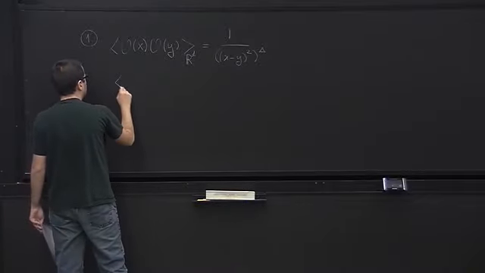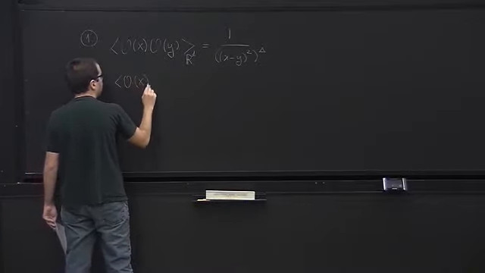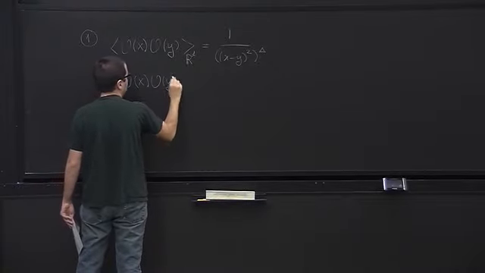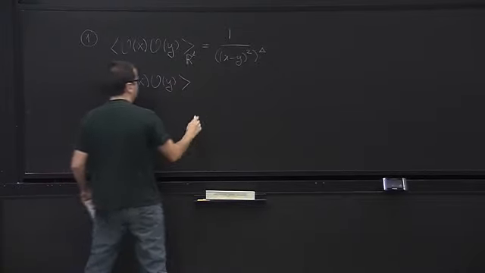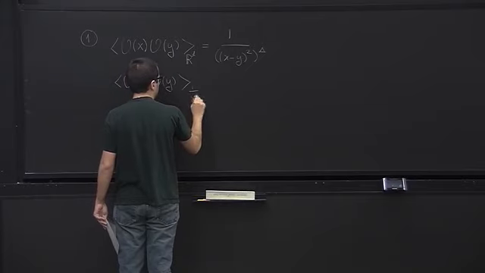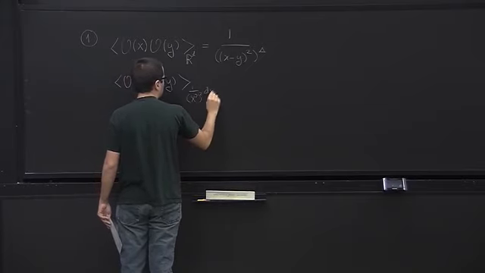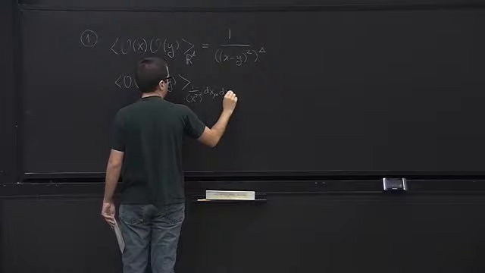What is the same correlation function at the same points x and y, if instead of flat space I consider the metric 1 over x squared dx^mu dx^mu?